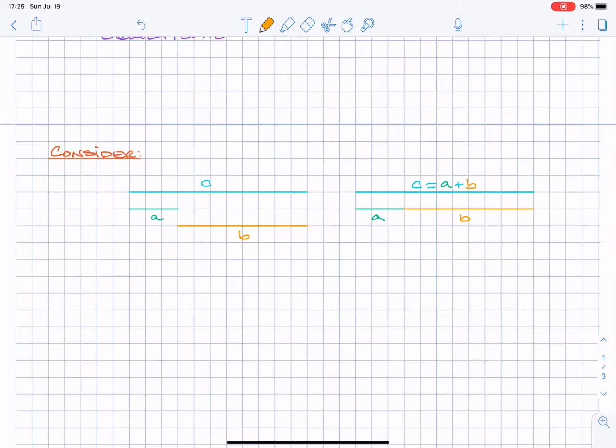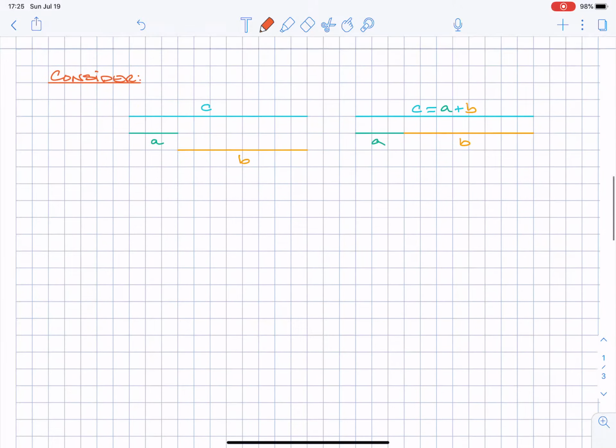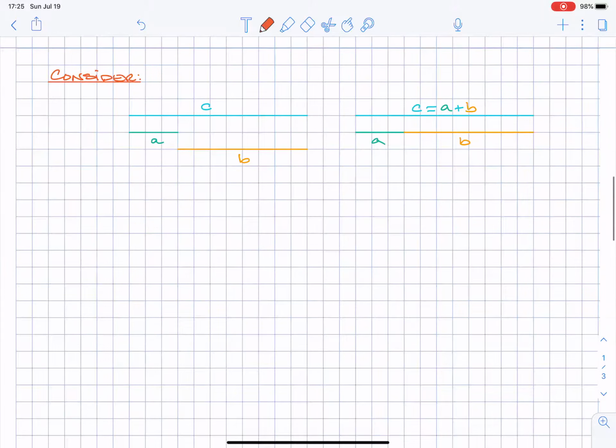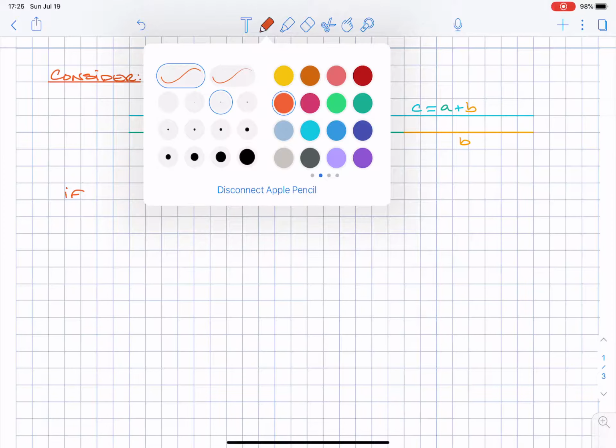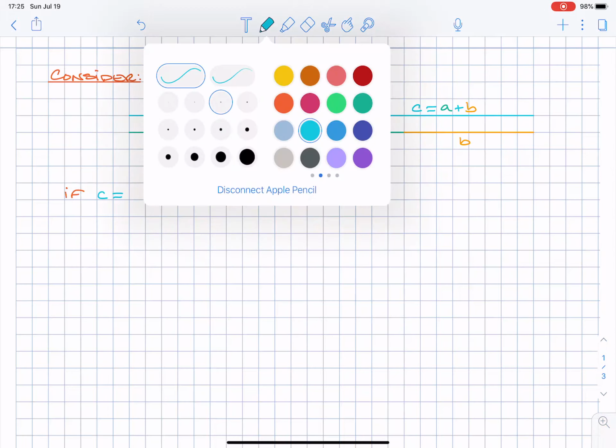If I add the two lengths, I get the length of C. So let's state this formally. So if C is equal to A plus B.